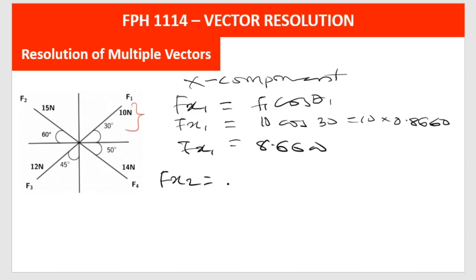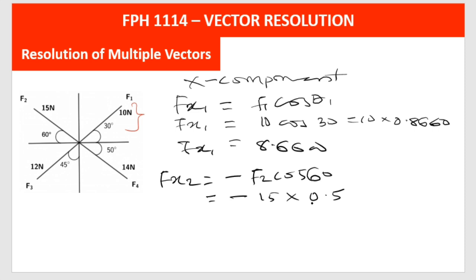Now Fx2, that is to the negative of x, we have minus F2 cos 60. So here we have minus 15 times 0.5.